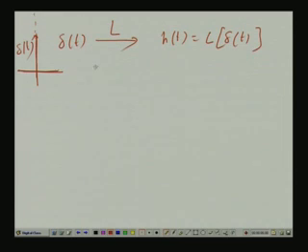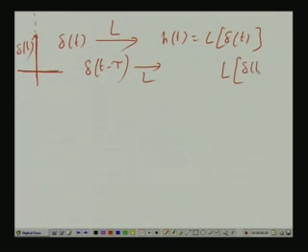If instead of delta(t) I give delta(t minus tau), this is a more general case. In the general case, the output here will depend on what? The two indices.